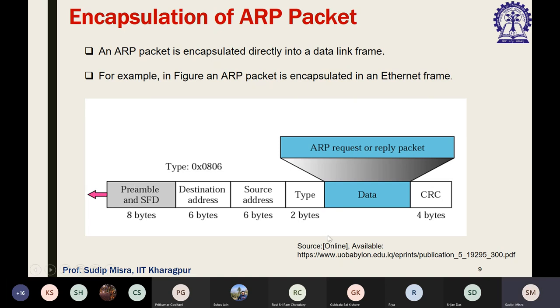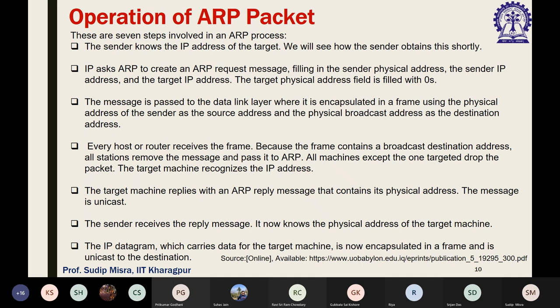This is shown pictorially over here. The ARP request or reply packet becomes the payload or the data, and the rest is the frame. If it is Ethernet, the corresponding frame fields are going to be like this, and it is going to be sent. Now this ARP packet and the corresponding operations, basically these 7 steps which I have already told you, are mentioned over here.